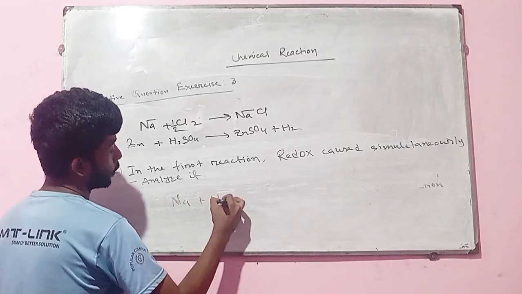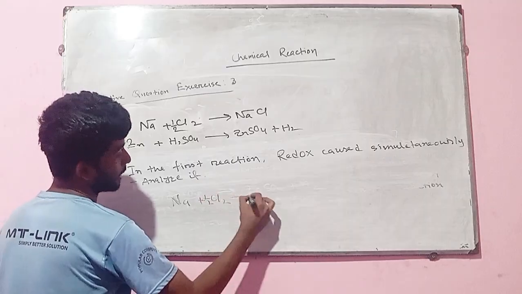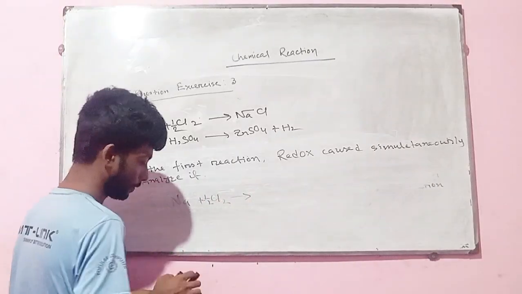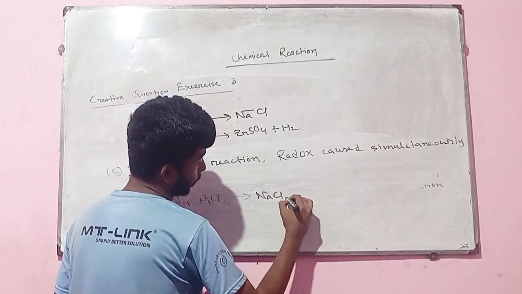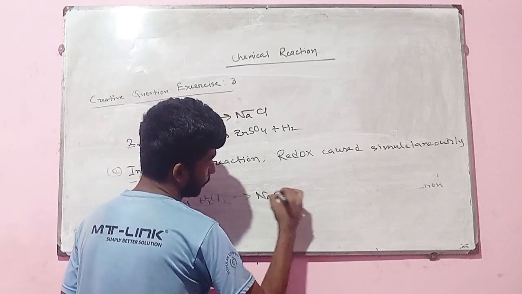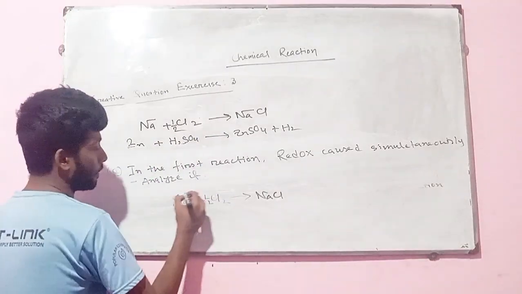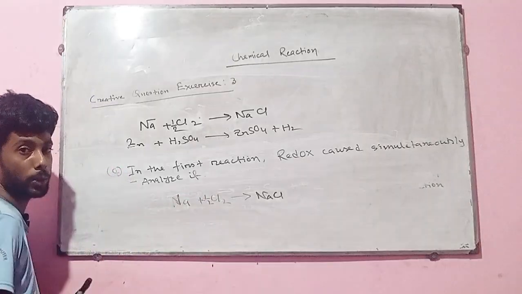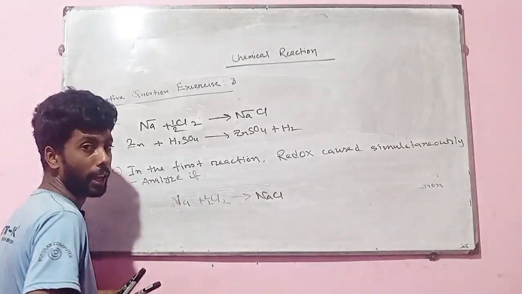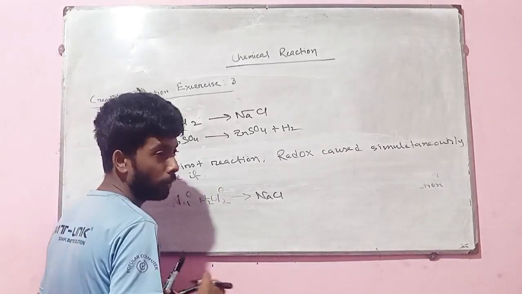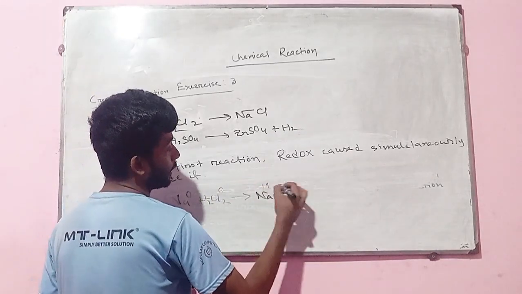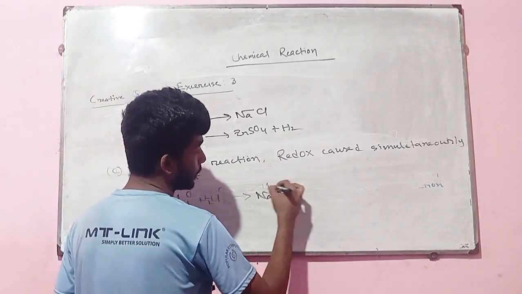Sodium plus half a mole of chlorine gas produces sodium chloride. Now we'll have to define the oxidation numbers. We know a free element has oxidation number 0, and chlorine also has 0, but in sodium chloride sodium has +1 and chlorine has -1.